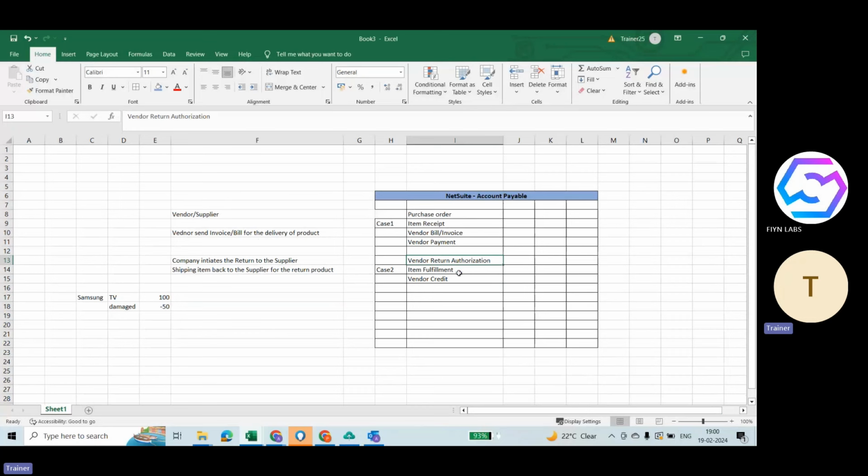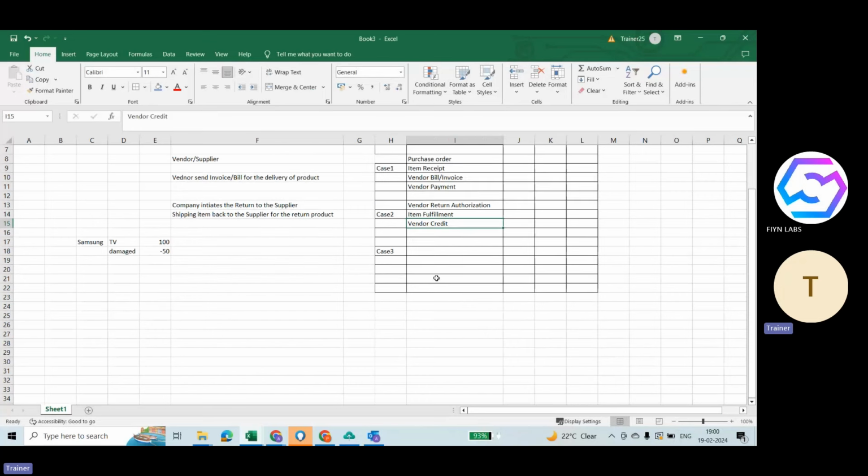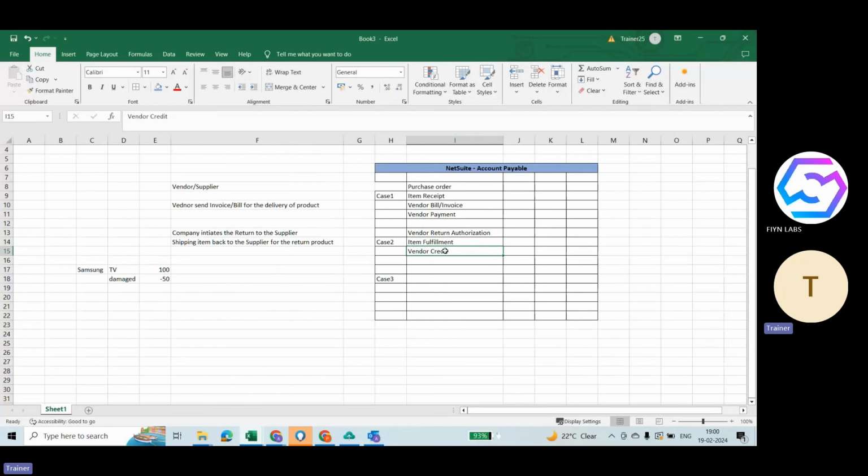So you have vendor return authorization, then item fulfillment, and vendor credit. That's your standard scenario for the return. Now, case scenario 2, case scenario 3. If I continue, just a continuation of this, assume the vendor has given you a credit of $10,000, right?